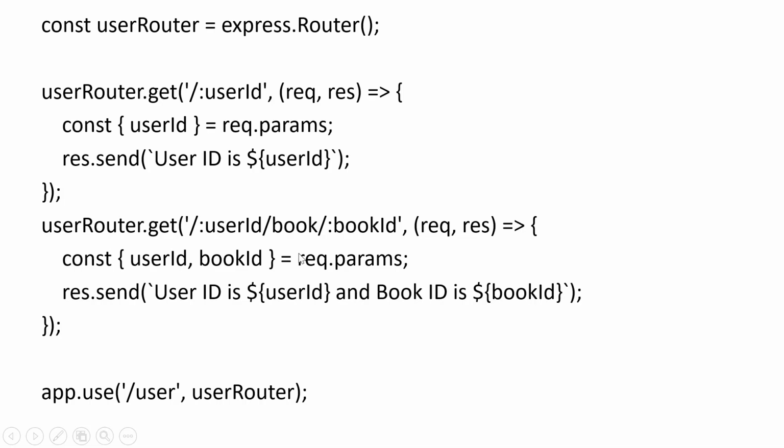Then validation. Validate and sanitize parameter values to prevent security issues. Documentation. Clearly document the expected route parameters for each route. And error handling. Implement error handling for invalid or missing parameters. So these are the best practices for using route parameters to get the most out of them.